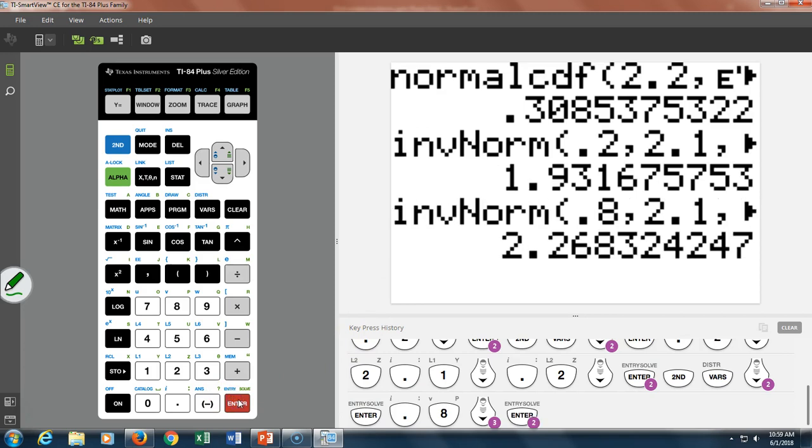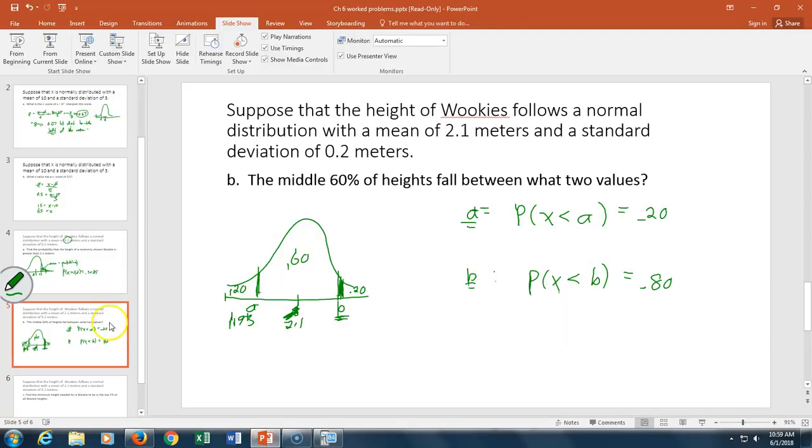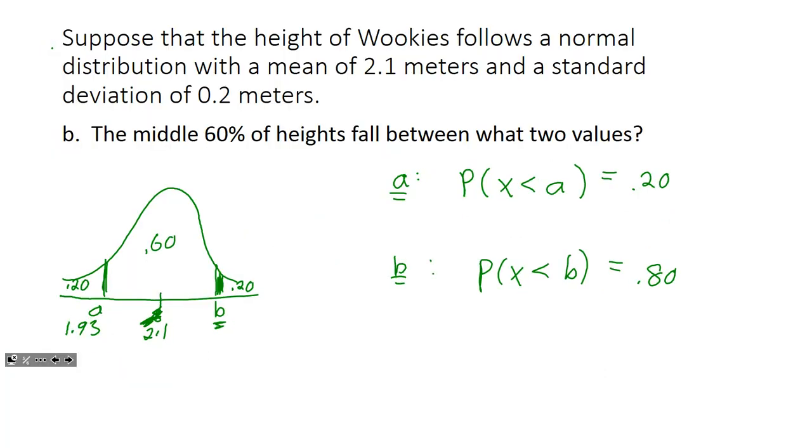And that's what we got. To 2 places would be 2.27. By the way, you could also check and see that 2.1 falls right in the middle of these two values. The normal curve is symmetric, so that should be the case.